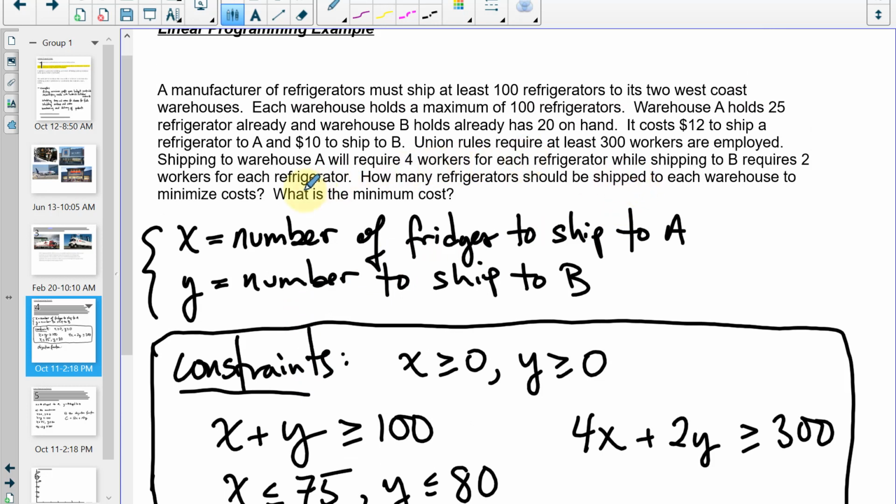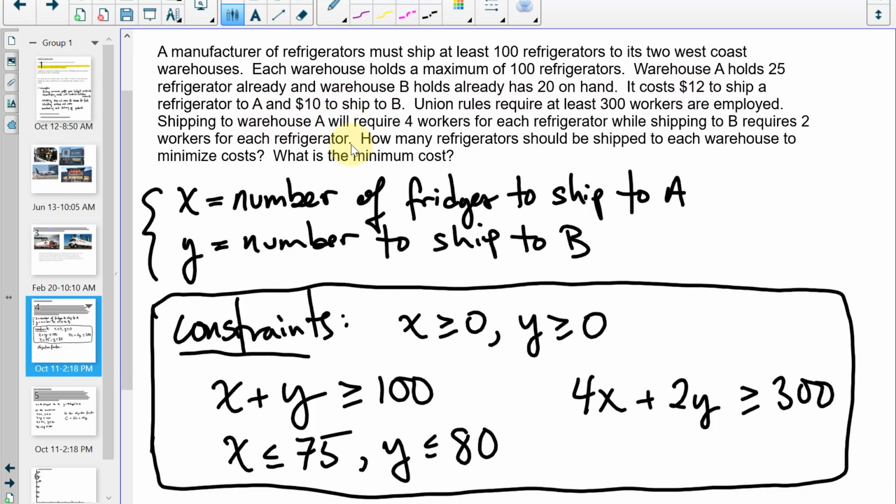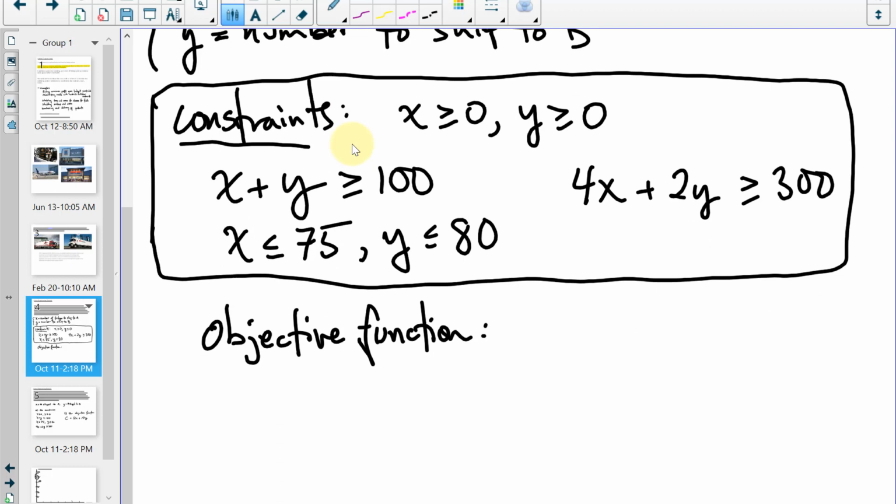In this case, the question was about minimizing cost, and what is the minimum cost? We had some information that involves the cost here, $12 for each refrigerator that goes to A and $10 for each that goes to B. So you don't have any constraint there. You're trying to get the lowest cost with all of these constraints.